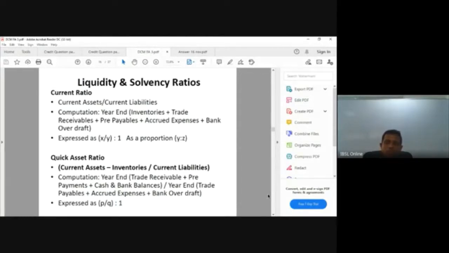Liquid assets are also defined by the central bank. The bulk is cash, then treasury bills and short-term investments. Therefore, there can be variation, even though I mentioned 1:2 and 1:1 as acceptable norms. There are industries where you have to have more than that or less than that. A special case is the banking industry.